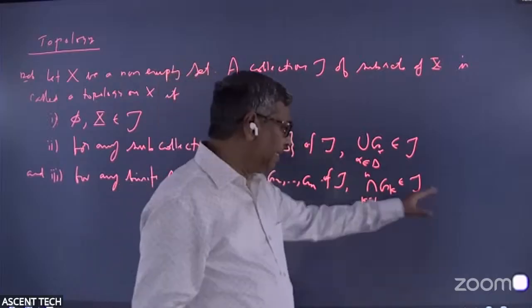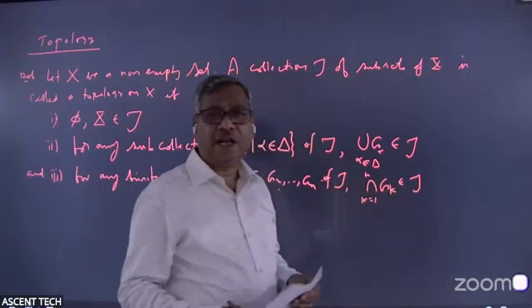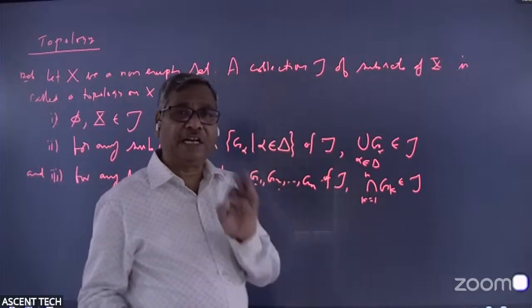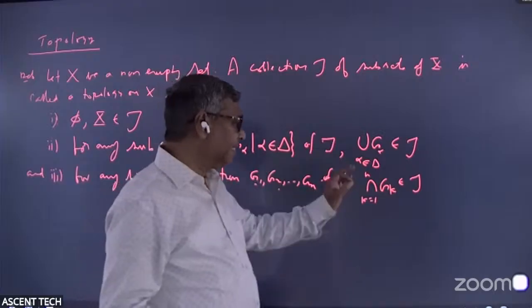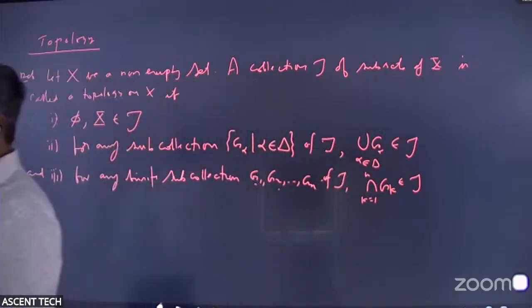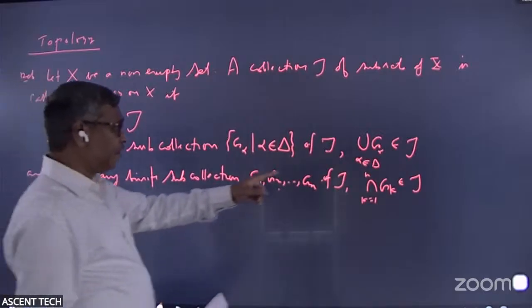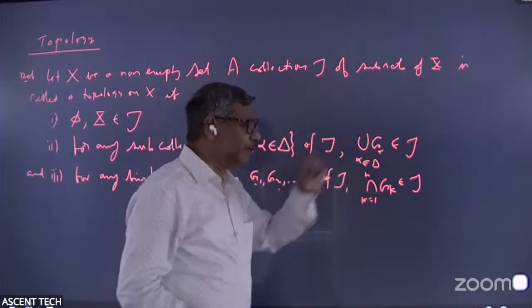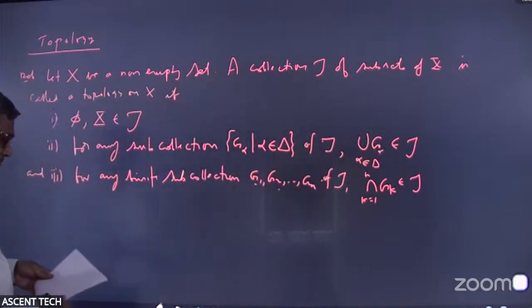Only this is what I say: T is closed under finite intersection. Closed under finite intersection means if you take finitely many of the G's in T, their intersection is in T. It is also closed under arbitrary unions. If you take an arbitrary collection of sets G alpha in T, their union is in T.